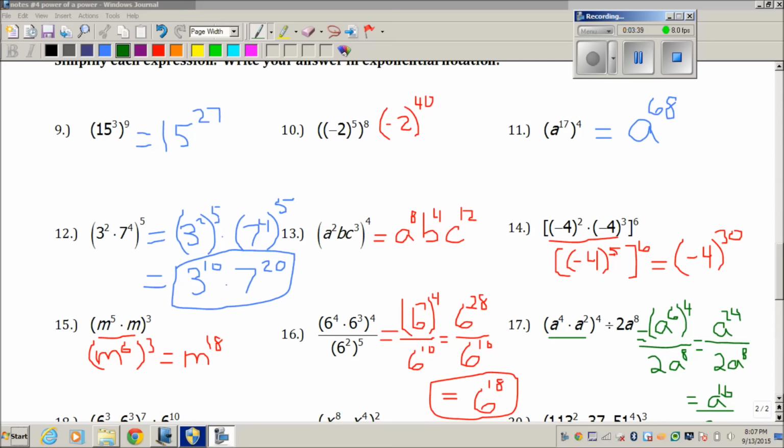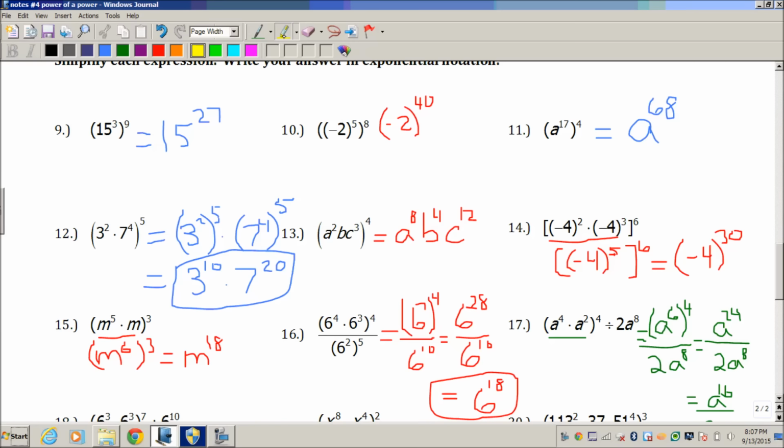Now in number 14, you need to do what's in the parentheses first. So the brackets are just like another set of parentheses. One way that I did it is that I chose to simplify inside the parentheses first. So I did this part in here: -4 raised to the 2nd power times -4 raised to the 3rd power.